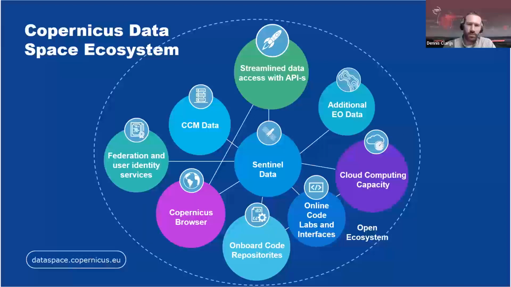All this data is complemented with some tools and cloud computing capacity. Some of it is in a free tier, some of it is in a commercial tier. There are quite some streamlined data access APIs, and there are also services that support federation in the future. The federation part is still under development, I would say, but we can already present in some slides the plans for openEO.